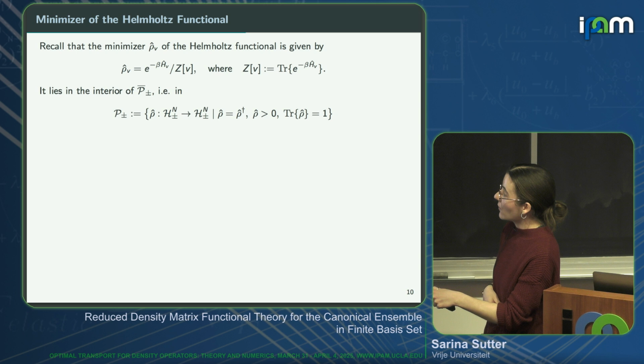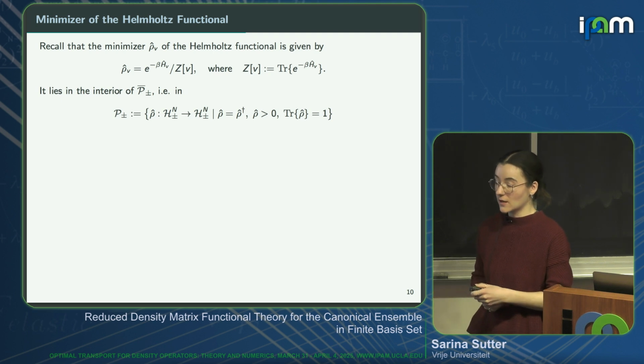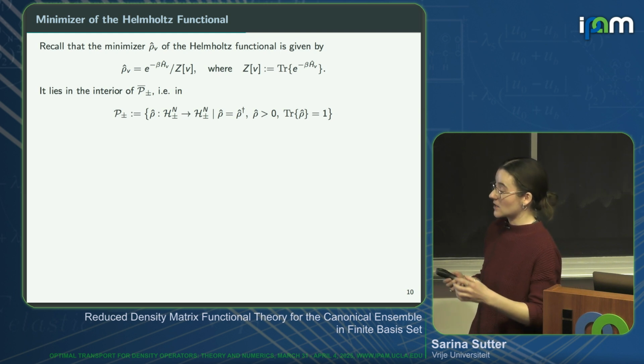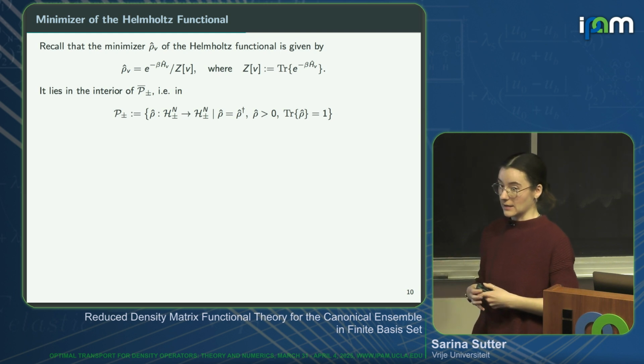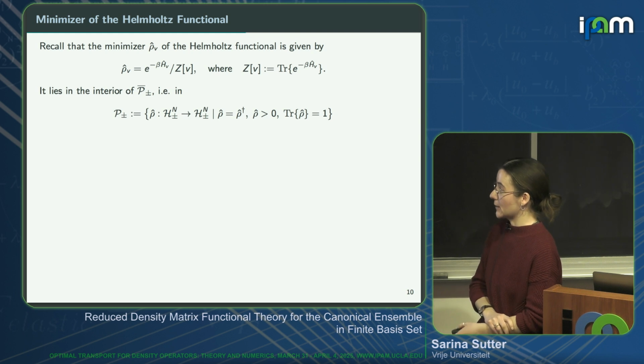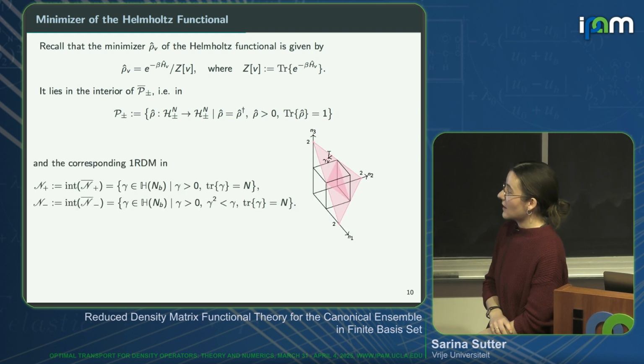So our Gibbs state lies in the following set. If you remember, our set for the density matrices had not the strict inequality, but now we have here a strict inequality for the set where our Gibbs state will be in.